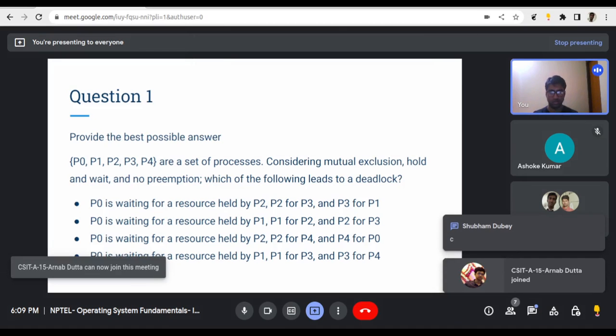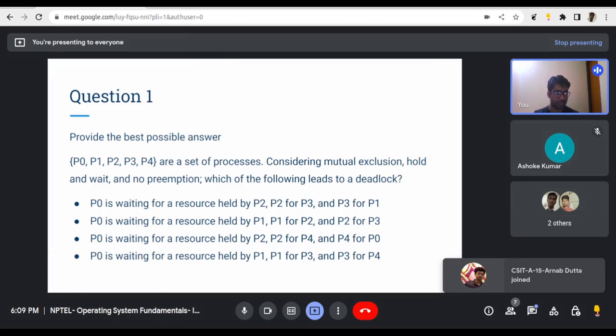Okay, so this is the first question that we are discussing. We have five processes, and we are considering that mutual exclusion, hold and wait, and no preemption exist. Which among the following situations leads to a deadlock?